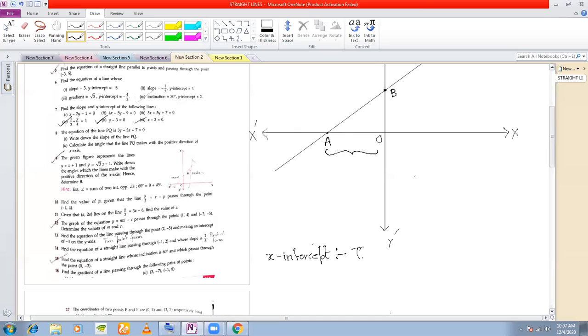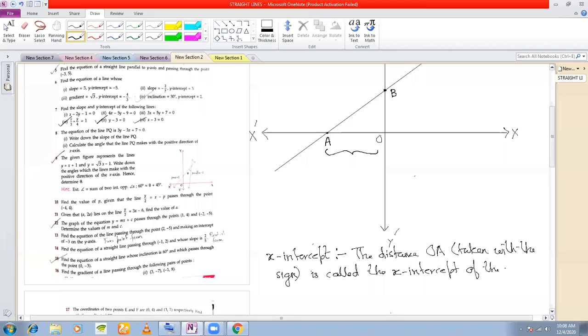So the distance OA taken with the sign is called the x-intercept of the straight line, of that particular straight line.